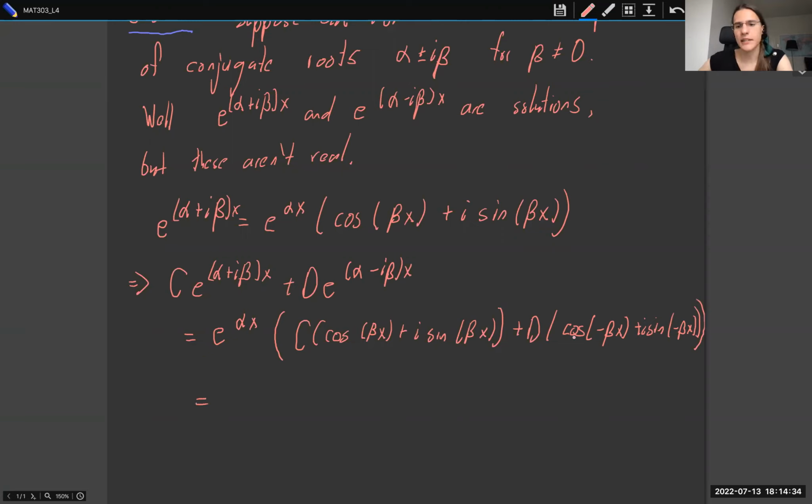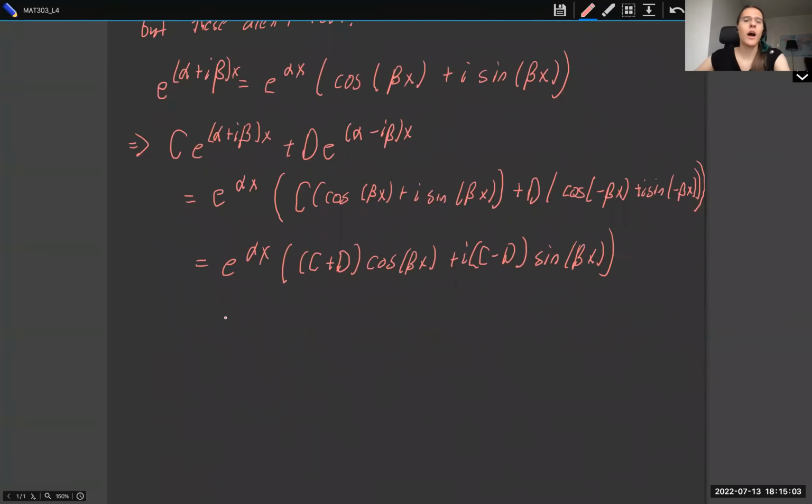Now, using that these functions are even and odd, we get e to the alpha x, and then in general, (c plus d) cosine beta x, and then i times (c minus d) sine beta x. Let's call this star.